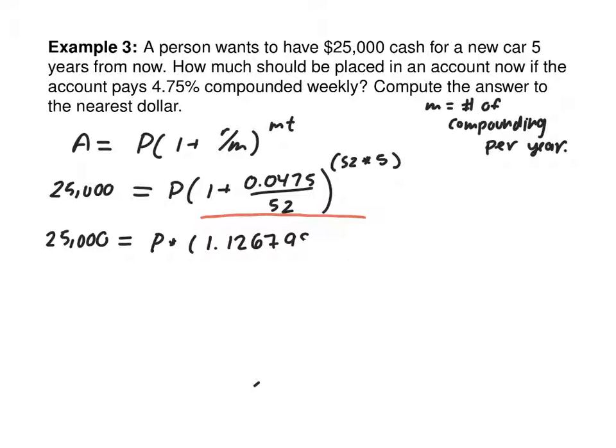Anybody get 1.126 and stuff? How far should we go? I took all the ones that I saw. Do you know that there's this thing called the answer function in most calculators?